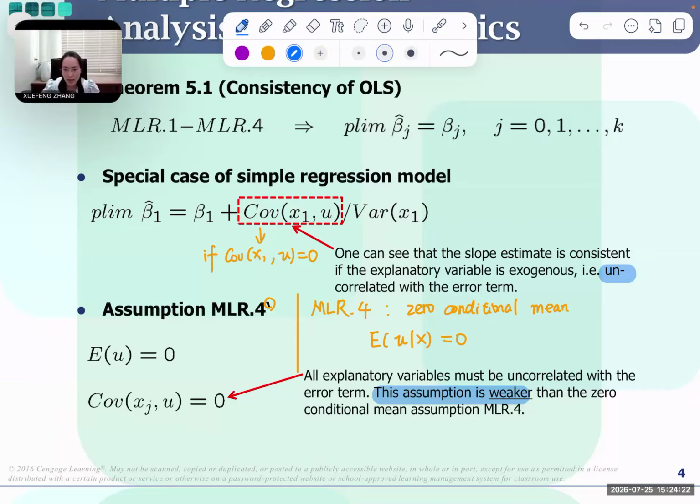This is exactly why consistency is easier to achieve than unbiasedness, and why it becomes our fallback tool when the stronger assumption fails or is too demanding.